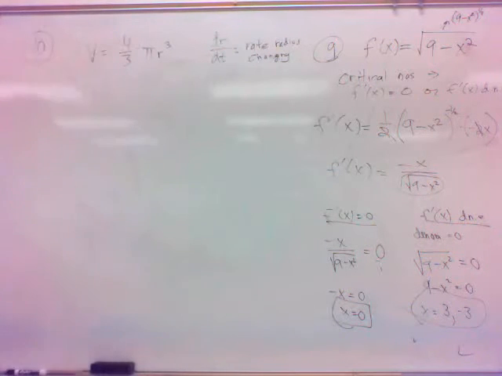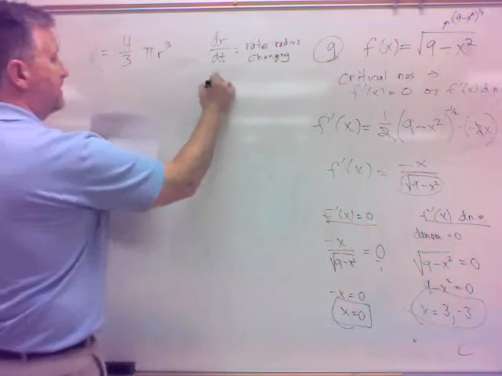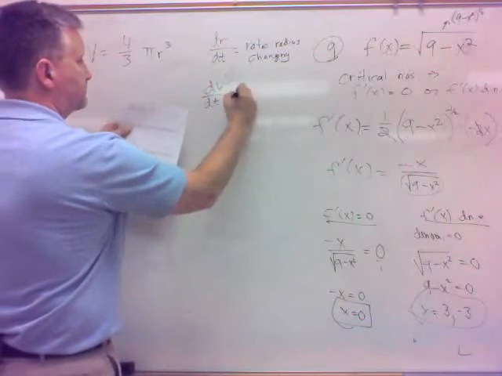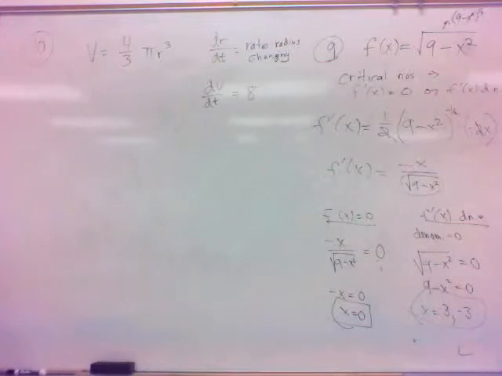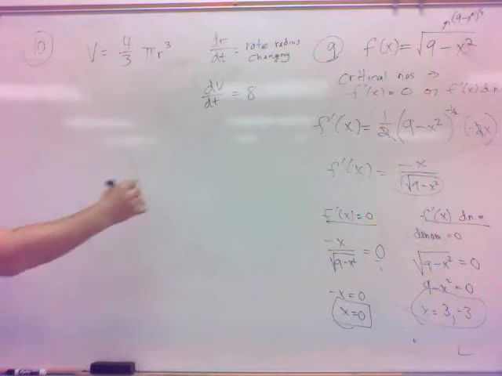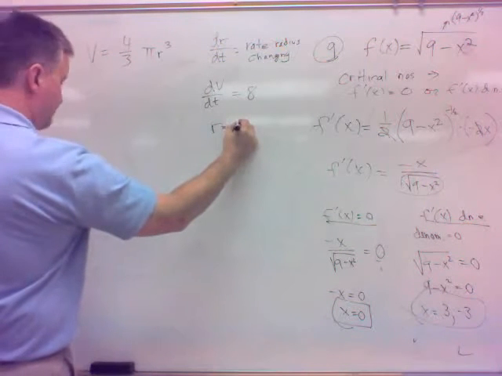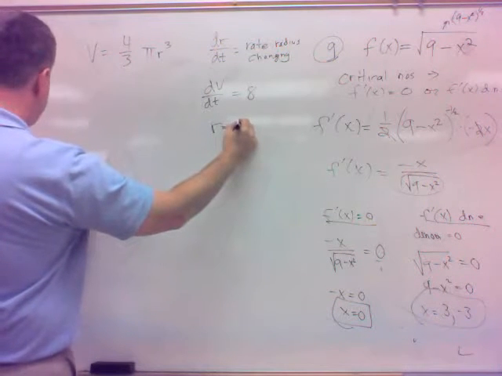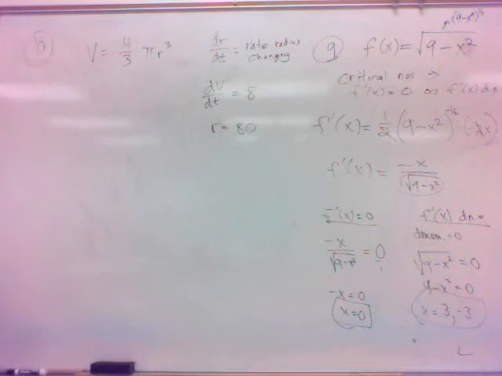It says the volume is increasing at a rate of 8. So what does that tell me? That's dV/dt, isn't it? The rate at which the volume is changing is 8. So that's dV/dt. And then, of course, I want specifically the radius of 80. So that's all the information provided.